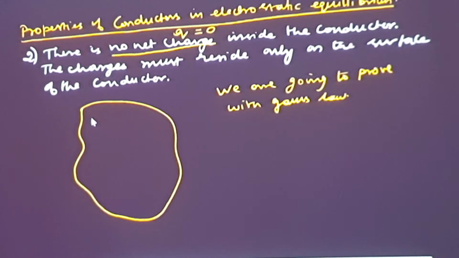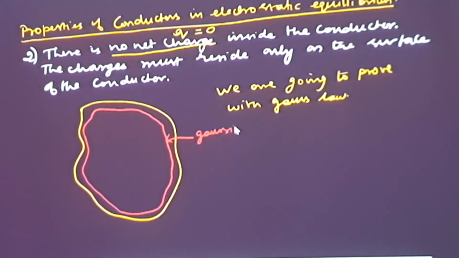Since we are going to prove this with the Gauss law, I am considering a Gaussian surface. Inside or near the surface of the conductor, I am considering a closed imaginary surface, and I am taking this as the Gaussian surface.